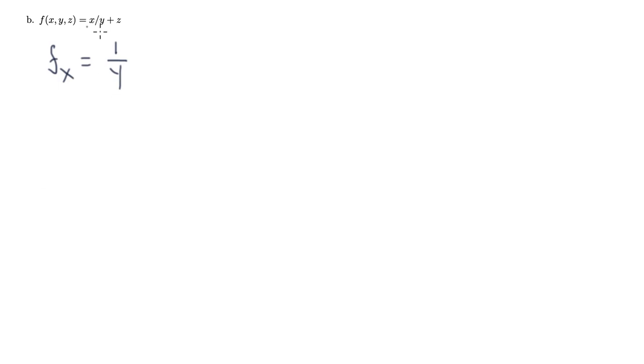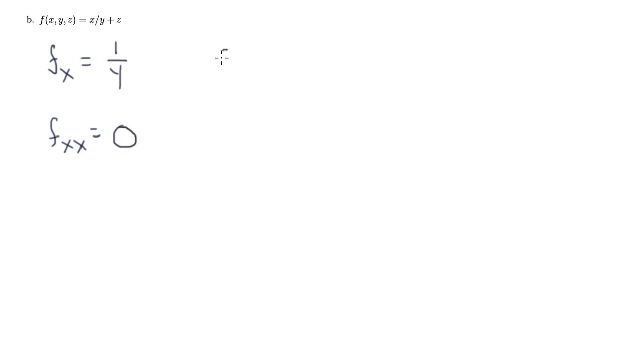Because this is just 1 over y times x, which is a constant times x, so the derivative with respect to x is just that constant, 1 over y. And so f_xx, we're going to take the derivative of this function with respect to x, but this is just a constant with respect to x, so it's just 0.